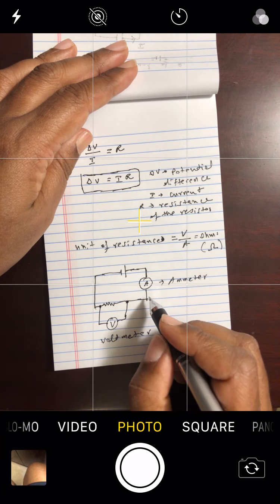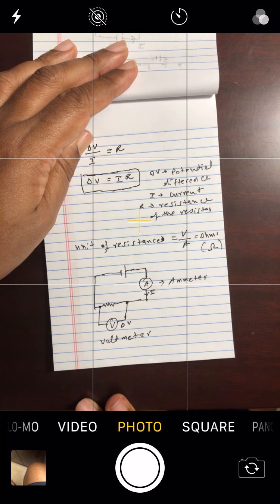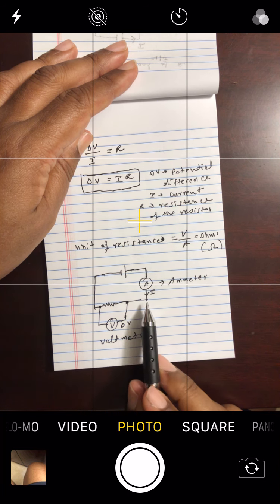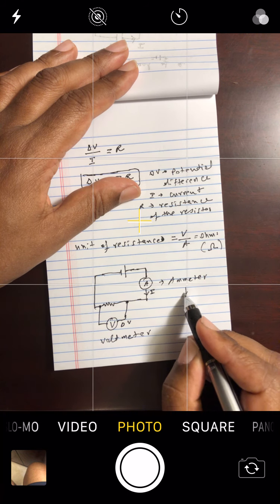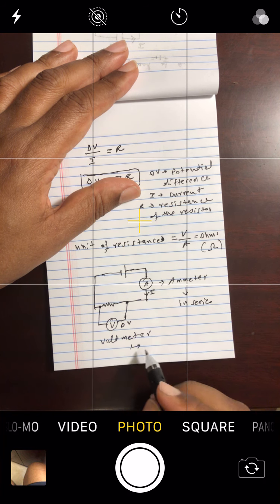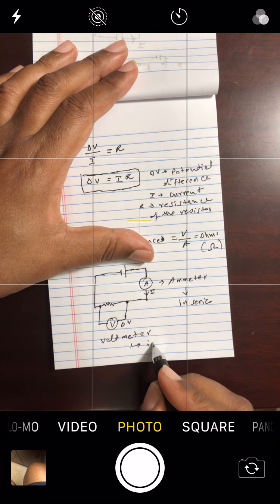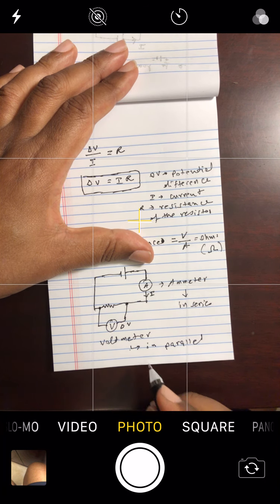This measures I, this measures delta V, or potential difference. The main thing is an ammeter has to be in series, and the voltmeter has to be in parallel with the resistor.